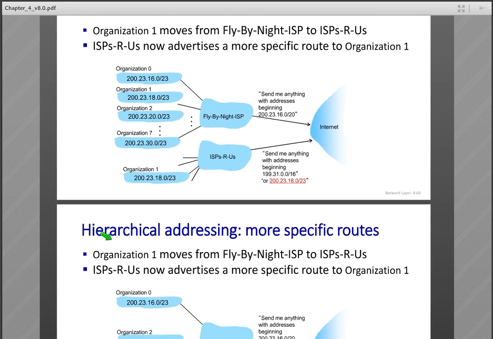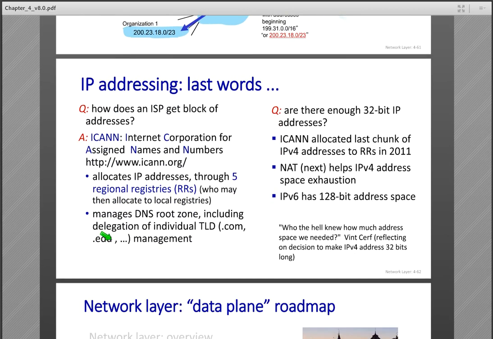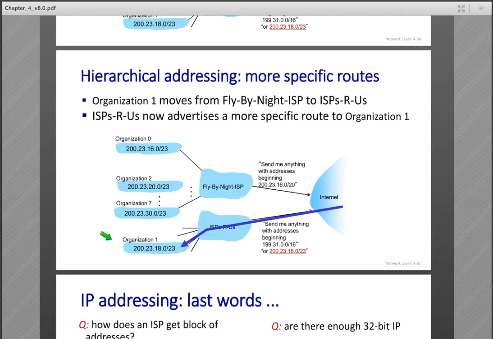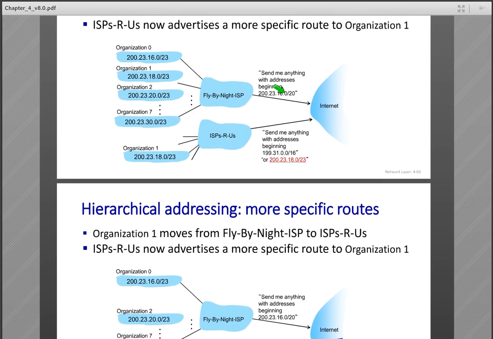But let me talk about one main question as a last thing, about the IP addresses. Look at this one. A packet arrives for destination 200.23.18.0/23. Okay, if you look at this address, you can see this packet comes from the internet. You can see I have 2 different routes.